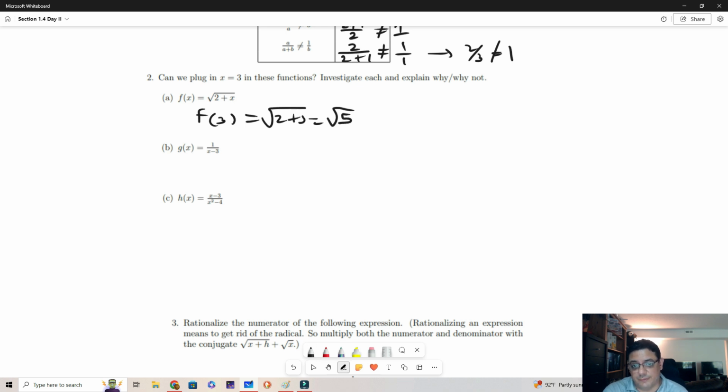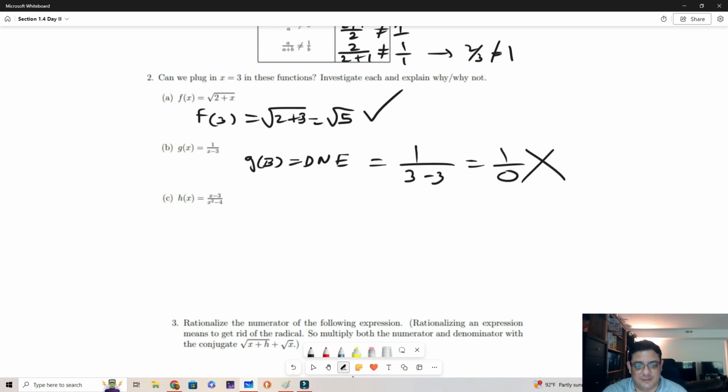So that's completely fine. So this one is okay. Now for B, it's not possible because g of 3 is not going to exist. So I'm going to write DNE, or does not exist. Notice that that is because 1 over 3 minus 3 doesn't make any sense. I would be dividing by 0, and that doesn't exist.